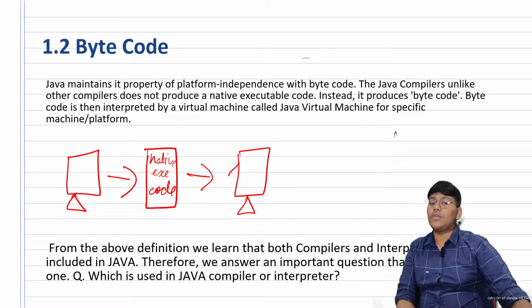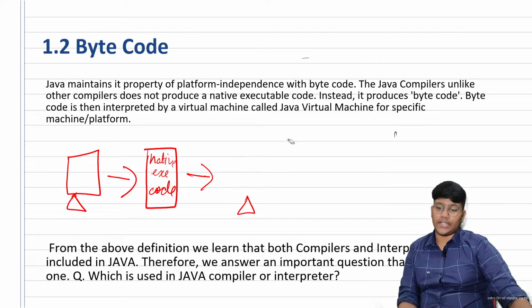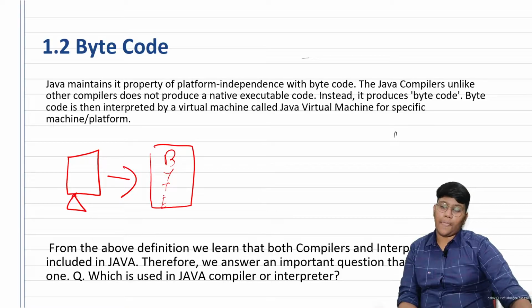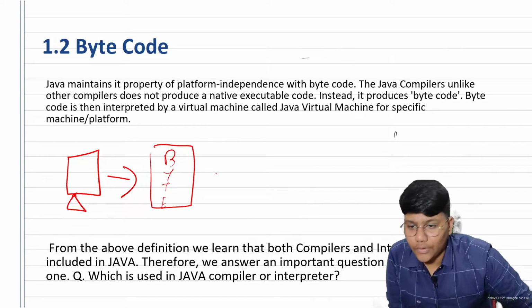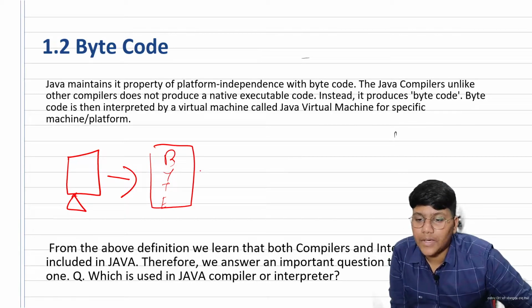But as we know, Java is platform independent, so it should not be like this. So what it does is, instead of making a native executable code, it makes bytecode. Now what bytecode does is, now you can transfer this file onto many different types of platforms.